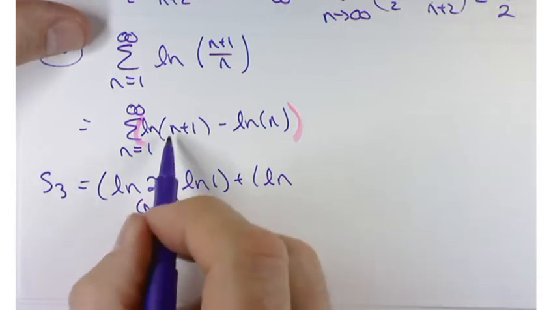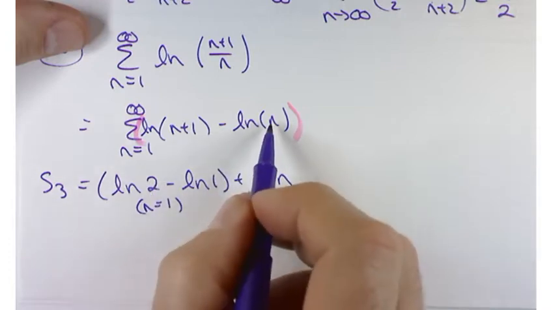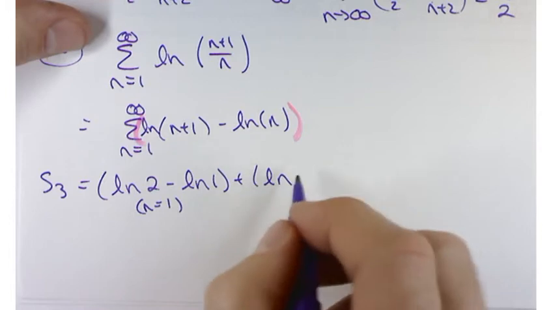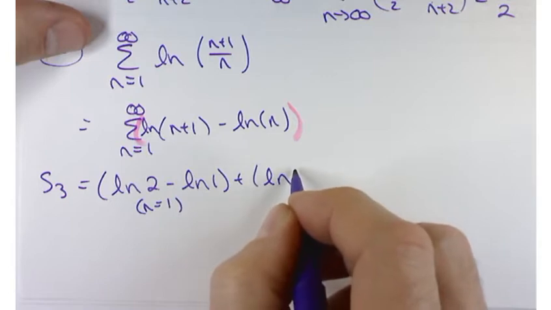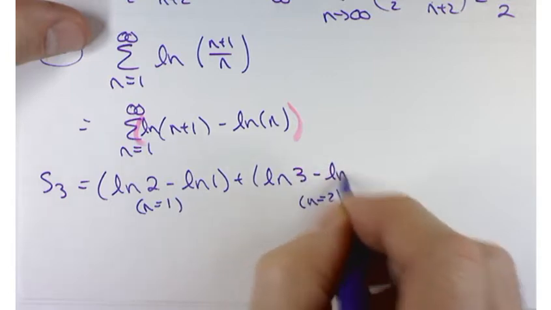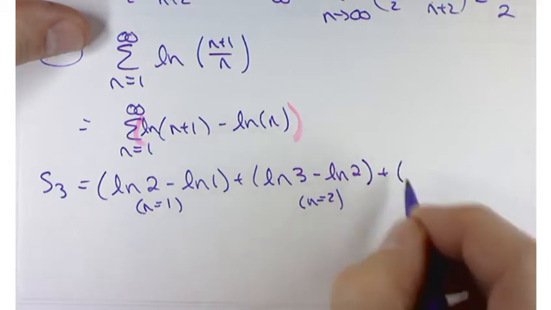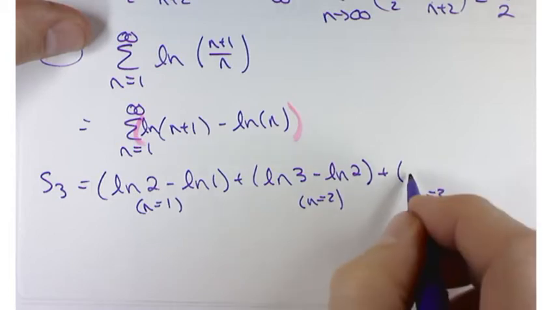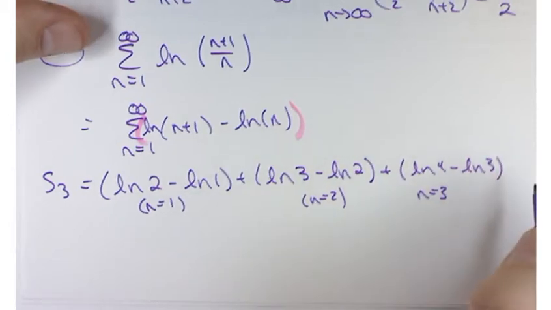If I put in a 1, 1 plus 1 is 2. At n equal 2, this is the log of 3 minus the log of 2. And then at n equal 3, we get the ln of 4 minus the ln of 3. And that's where we're going to stop.